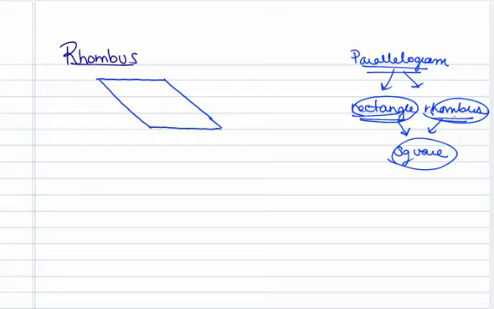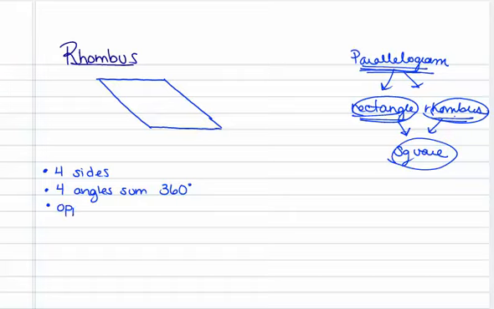So some things about a parallelogram from the very first day that we did parallelograms. We talked about it being a quadrilateral, so it has 4 sides, and the 4 angles still sum to 360 degrees. It's the same idea of a parallelogram where the opposite sides are congruent, which means these two are congruent.